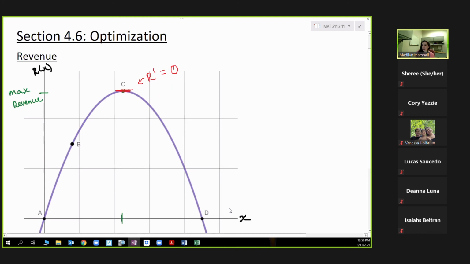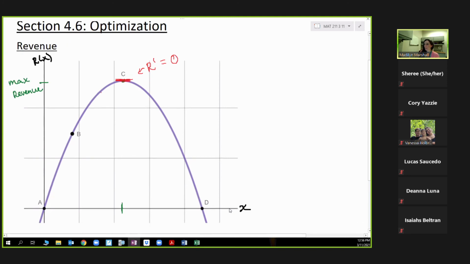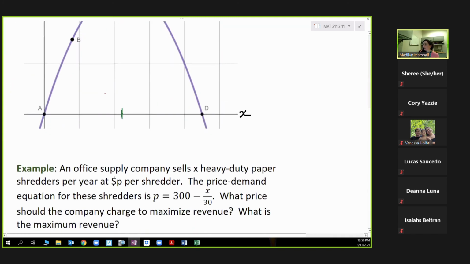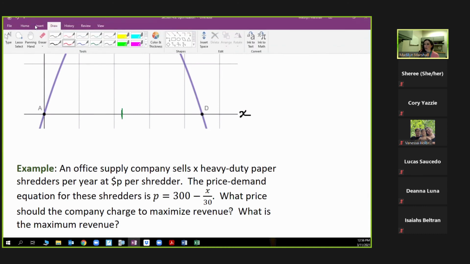And we actually can't make an assumption about the second derivative, but this curve is concave down, so the second derivative is probably negative. So we're going to use our same principles of looking for maximums and minimums for finding maximum revenue, maximum profit, and some other things. So here is our first example of an optimization problem.